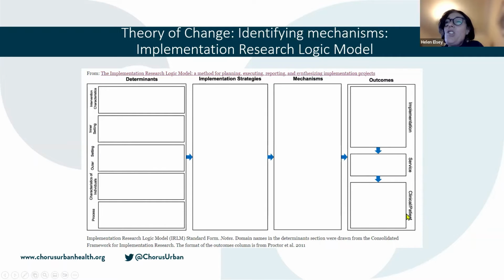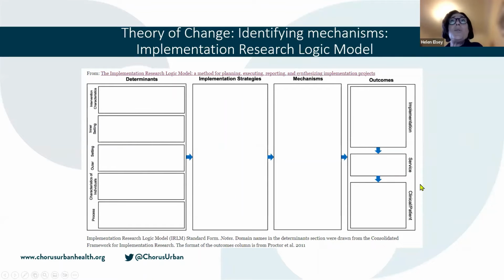And then clinical patient outcomes, which are much more the health outcomes that you might be looking at. So reductions in obesity, or increase in immunization uptake, or whatever the actual health outcomes might be.